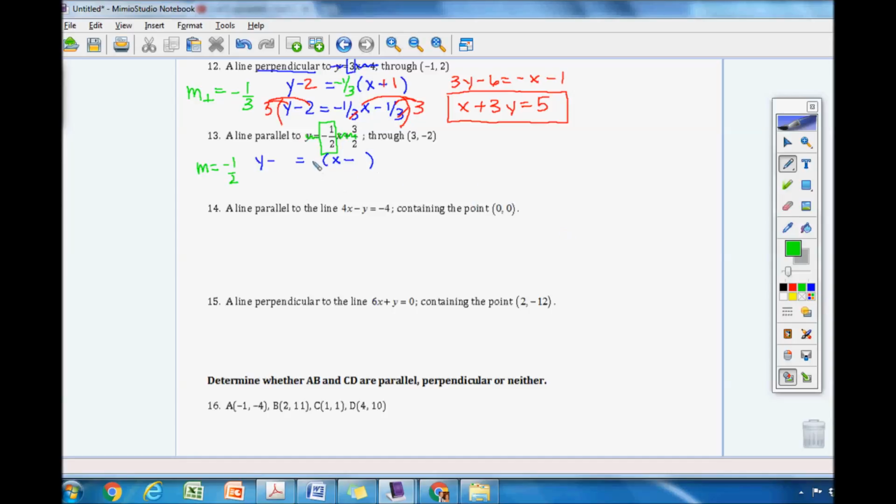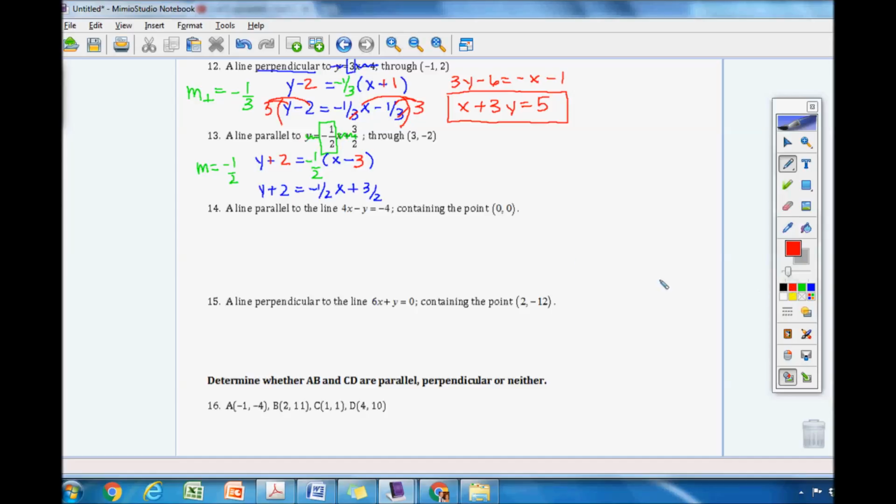Slope is negative 1/2. Let's plop that in. And the point, x value is 3, so minus 3, negative 2, so plus 2. Let's distribute. So y plus 2 equals negative 1/2 x plus 3/2.